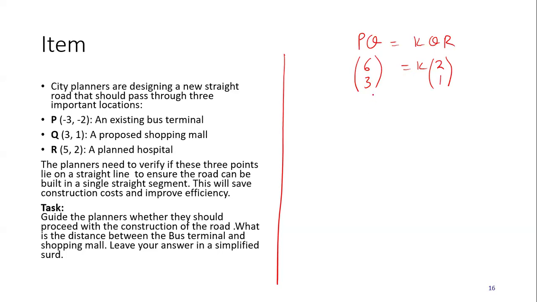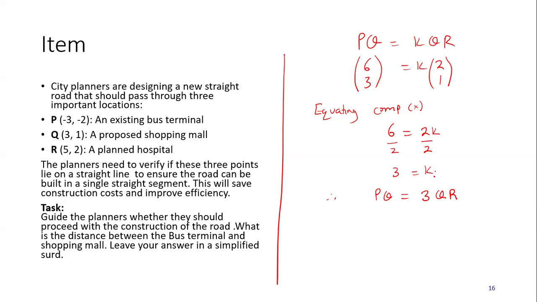You can say equating components, maybe x components. So on this side I equate 6 equals K times 2, which is 2K. So I divide by 2, and my 3 is equal to K. Therefore, you first conclude that PQ equals 3QR. Now, from here, you have not yet concluded. You are going to make a conclusion.